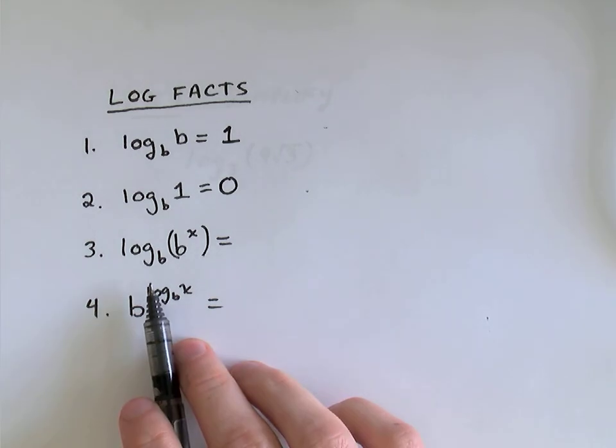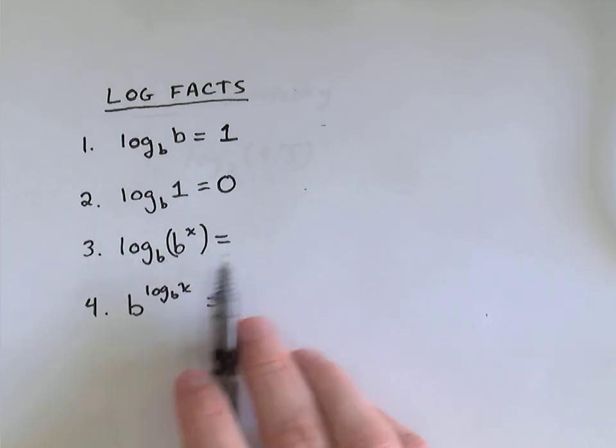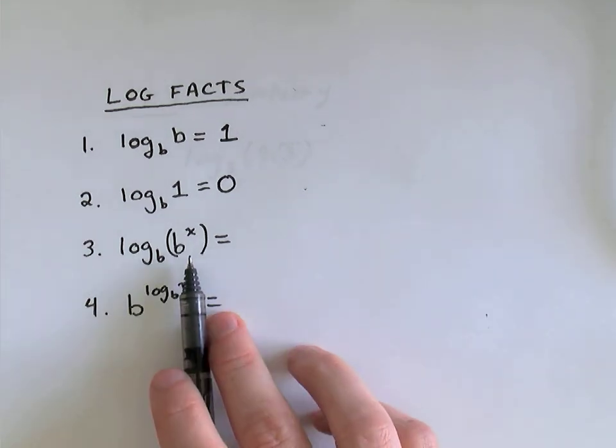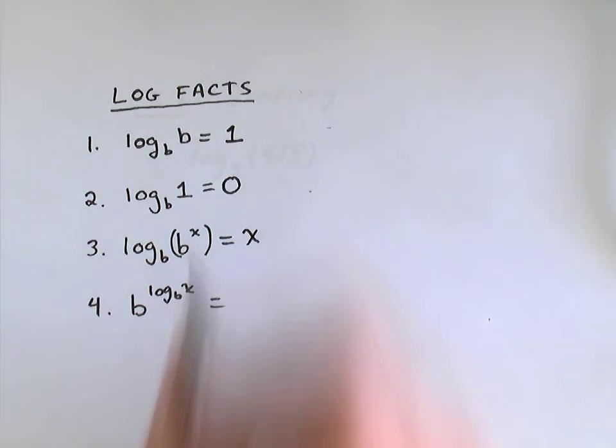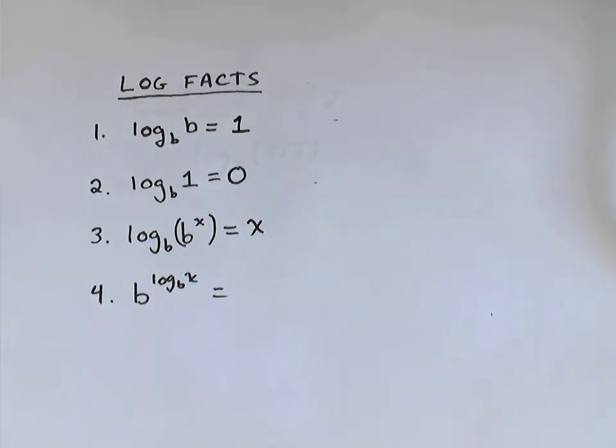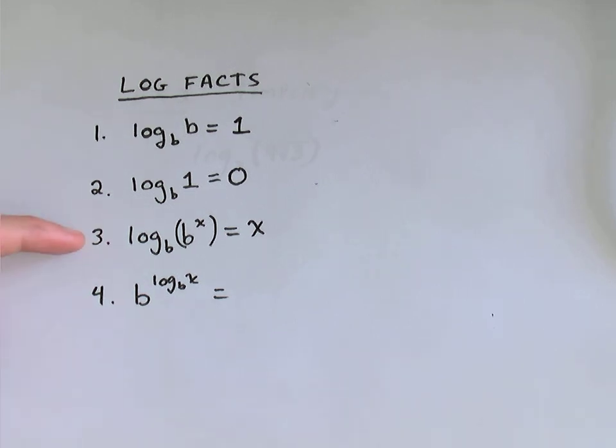Number 3, b to what power is b to the x? Well, that's an easy one. b to the x power is b to the x, because we can see the exponent right there in the statement. The fourth one's not as easy to think about while you're talking it through, but the lesson that we learned from number 3 is that logs and exponentials are inverses of each other.